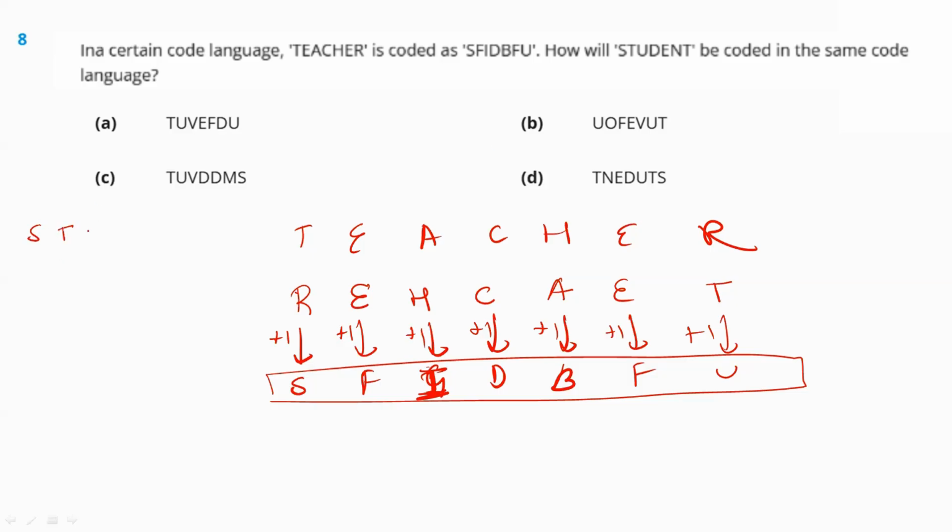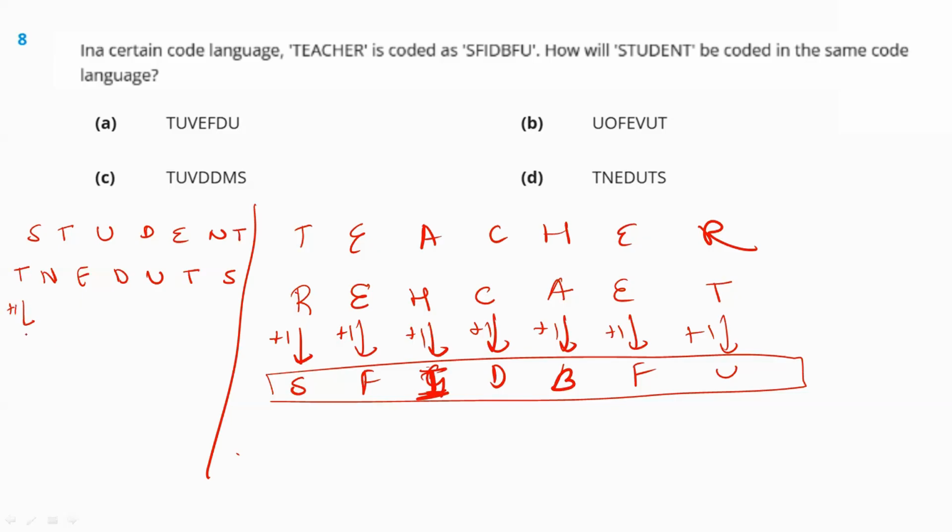Similarly, we have to find out the same thing for student. So student, we have STUDENT. You just have to reverse the letters first: T, N, E, D, U, T, S. Now add +1.